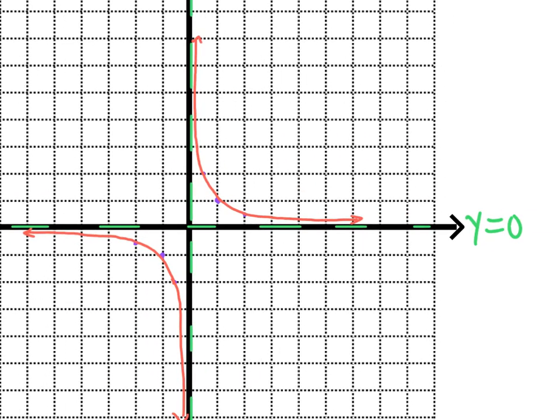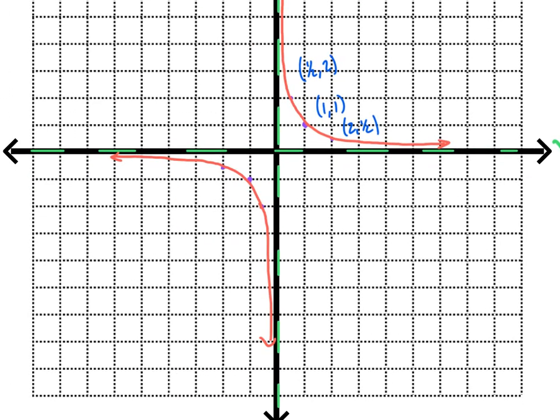But as far as points I plotted to help you out there, if I plug in 1, 1 divided by 1 is 1. If I plug in 2, 1 divided by 2 is 1/2, so I'd plot the point 2, 1/2. Now to get a point here, I plug in 1/2. Well, 1 divided by 1/2 is 2. So I plot the point 1/2, 2.